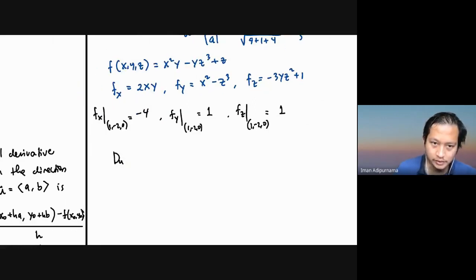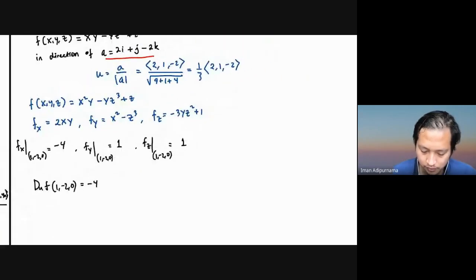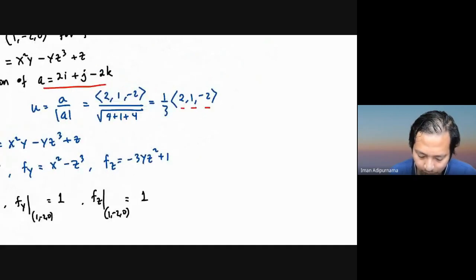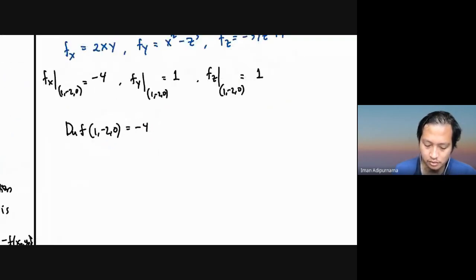Now the directional derivative is -4, and then the components of the vector, remember, and we need to multiply these components with all the partials.